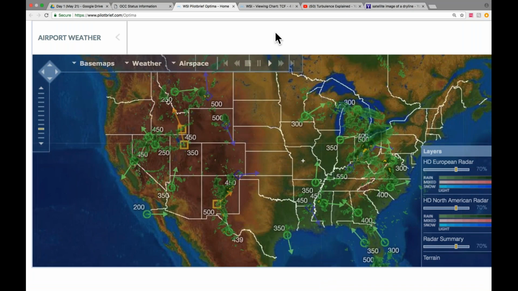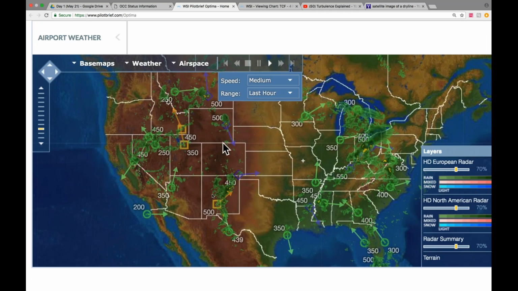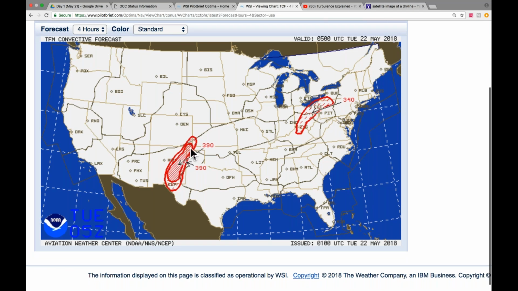So anyways, you can compare what we're seeing on this chart to what we're seeing on our radar here. You can see that this storm is building here, and you can see that it's forecast. This chart will also tell you where they expect the tops of the clouds to be, and the solid dashed lines here mean that it's supposed to be severe, like a high chance of severe thunderstorms.